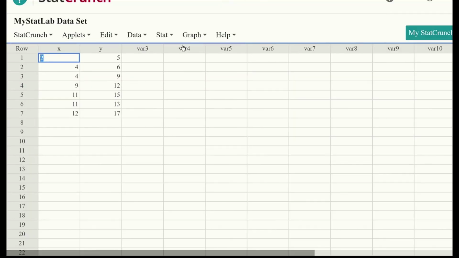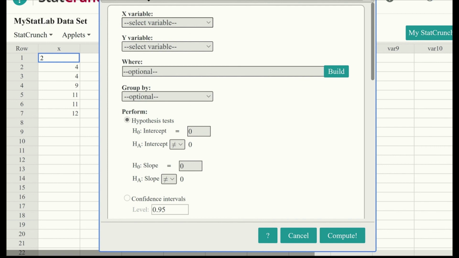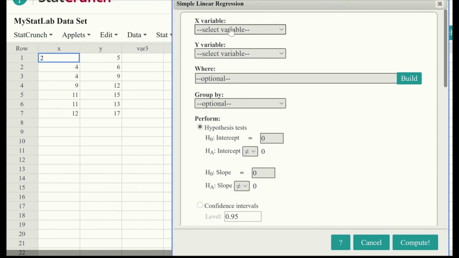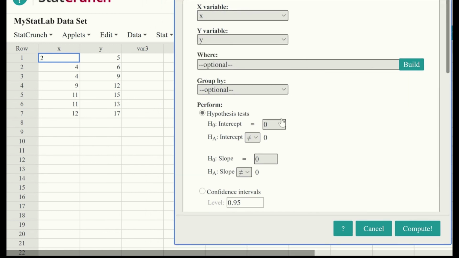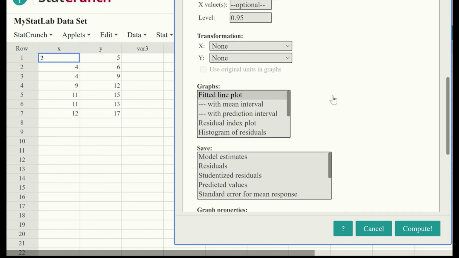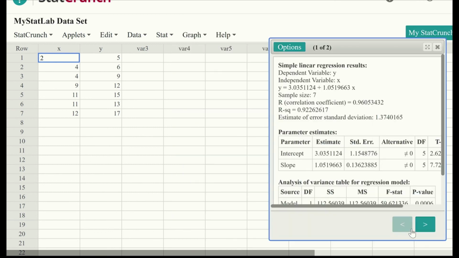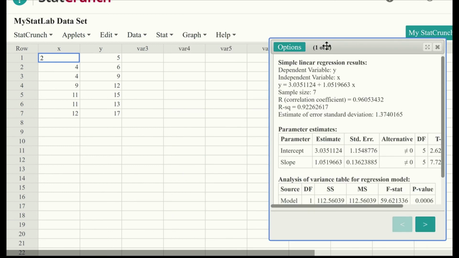So remember, we're going to go ahead and go to Stat, Regression, Simple Linear, and obviously for the x variable we just pick x, for y we pick y, and here we're going to want to choose that first option only, and there we are.